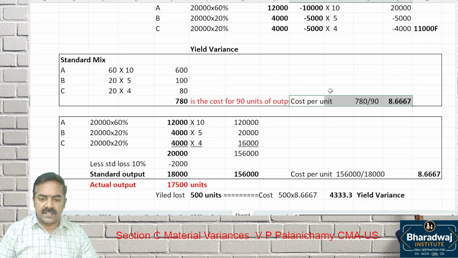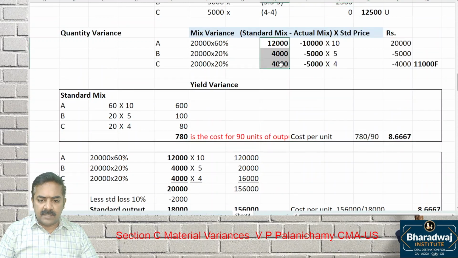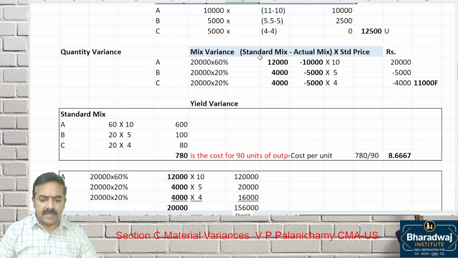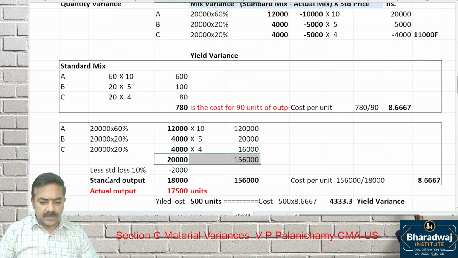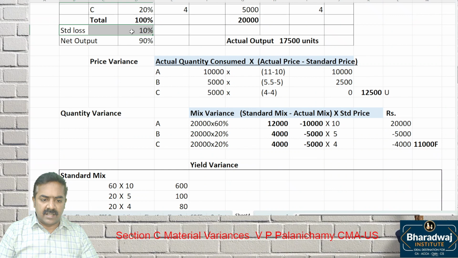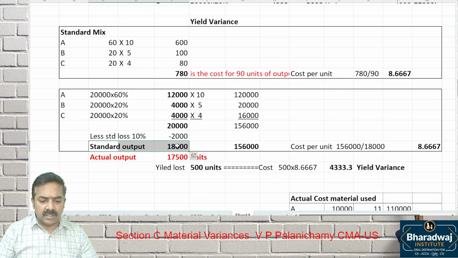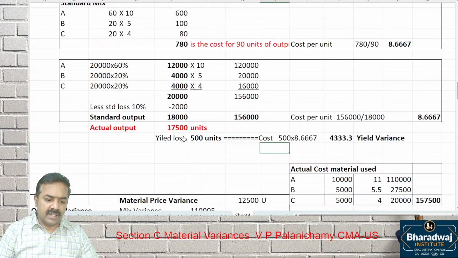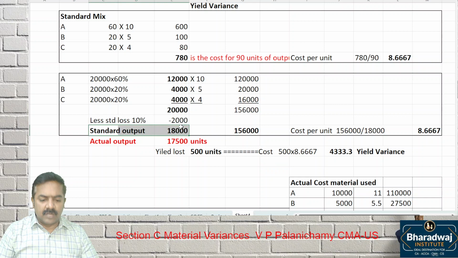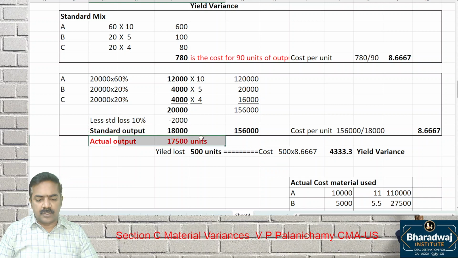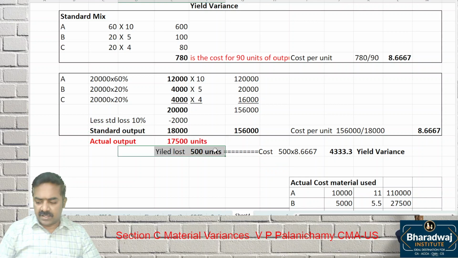The expected output is 18,000, but the actual output is only 17,500. We lost a yield of 500 units. So that is called which variance?